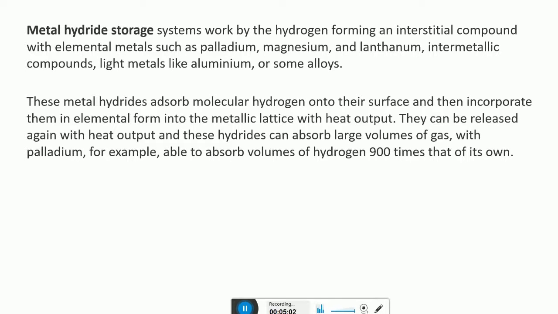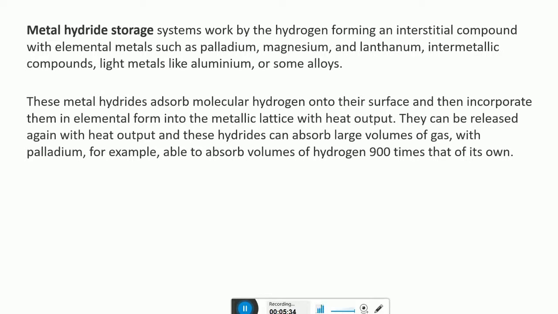These metal hydrides adsorb molecular hydrogen onto their surface and then incorporate it in elemental form into the metallic lattice with heat output. It can be released again with heat input, and these hydrides can absorb large volumes of gas. Palladium, for example, is able to absorb volumes of hydrogen 900 times that of its own.